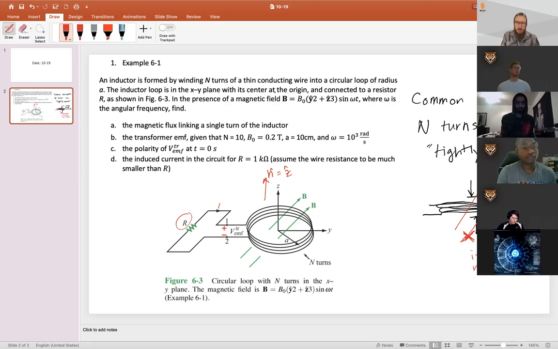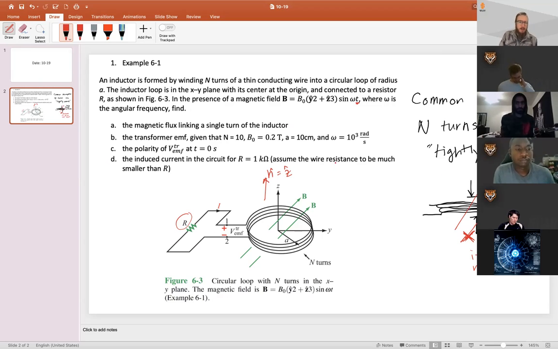And what we can see is that for the first time we have a magnetic field with directions, but we also have this t. So this is a time varying magnetic field with omega being the angular frequency. All right, so this is the problem setup.